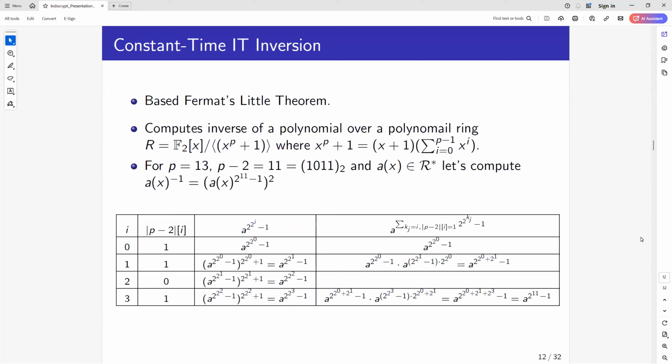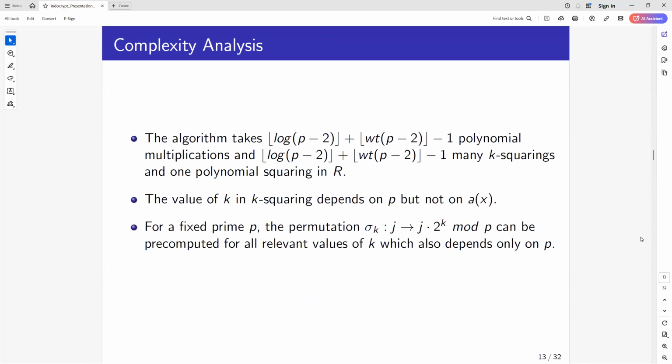You can see a little example: if p equals 13, then p minus 2 is 11. For ones, it performs an extra k squaring and multiplication. The algorithm takes log p minus 2 plus weight p minus 2 minus 1 many polynomial multiplications and the same number of k squarings. So this is constant time. Why?